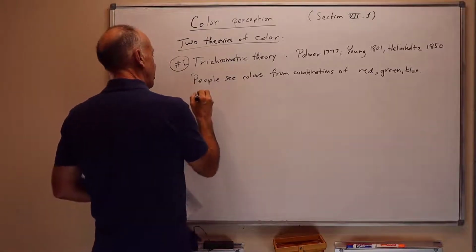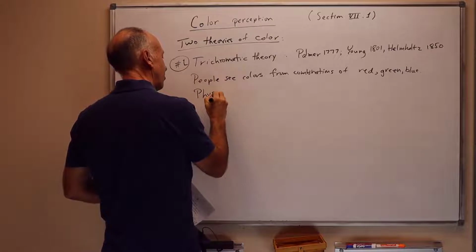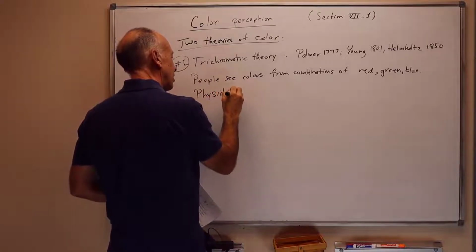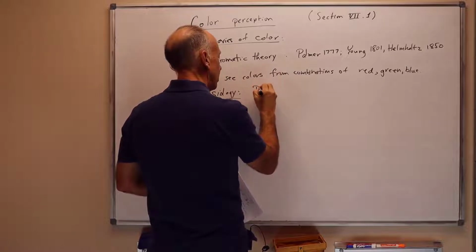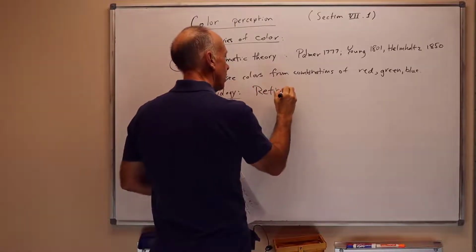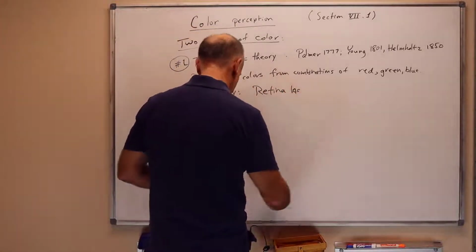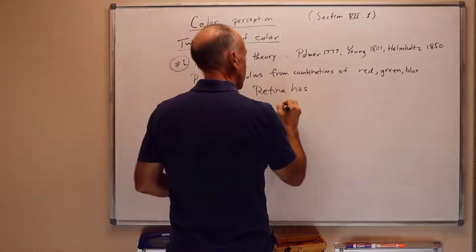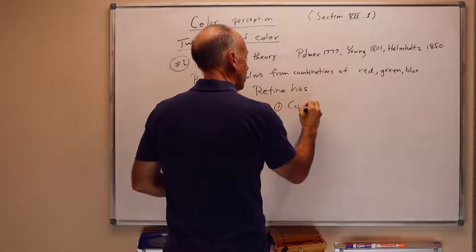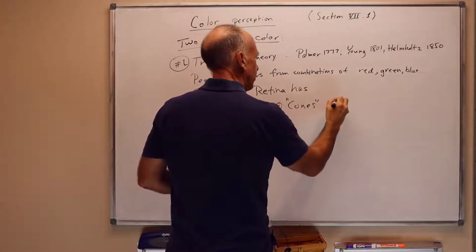And the physiology behind this, of course, this is only something discovered in the 20th century, is that the retina in your eye has cells or structures called cones. It's got cones of three types.